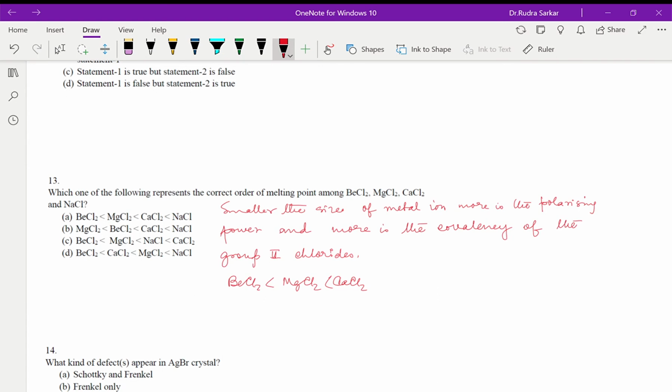And among group 2 and group 1 chlorides, group 1 chlorides are more ionic than group 2 chlorides.